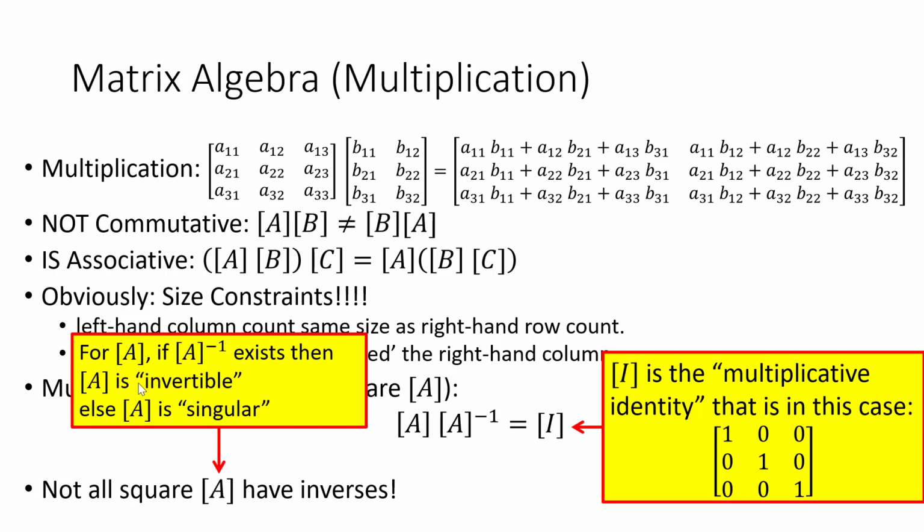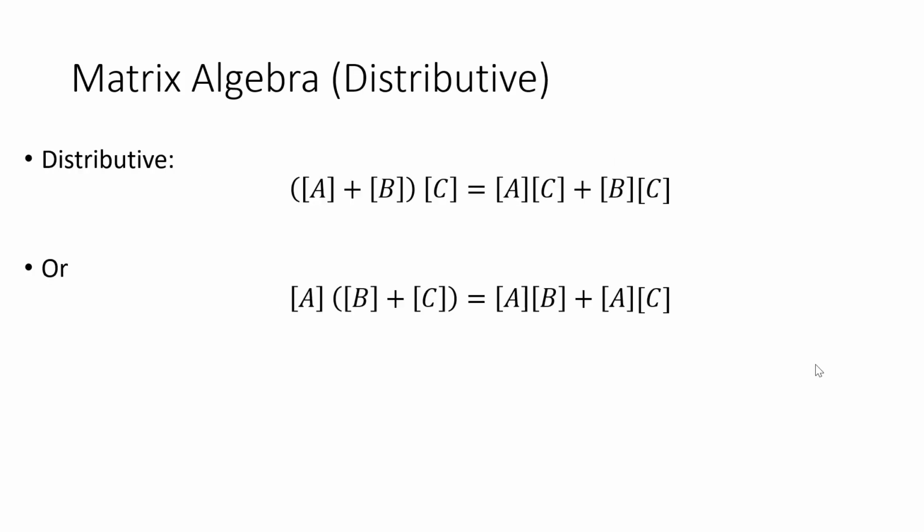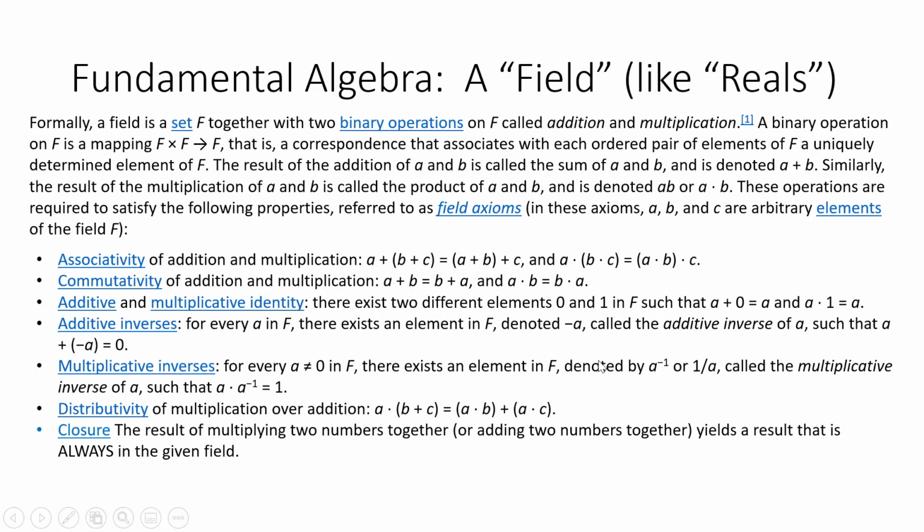Otherwise, A is singular. The distributive property for matrices, multiplication over addition, looks like this. There's two different ways, so it does seem to work. Go back and look at the original axioms that I showed you earlier. We have pretty much everything there, so it's important to review that and try to see how that works for matrices.